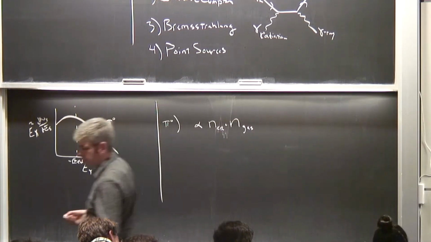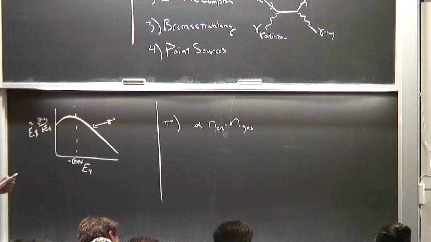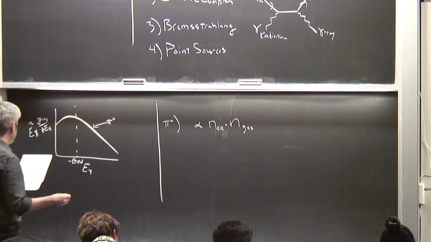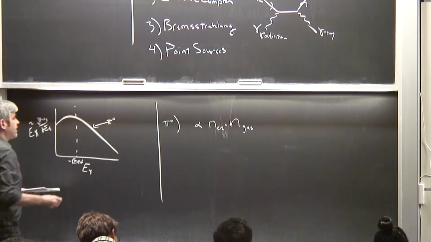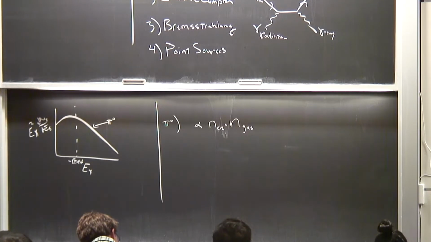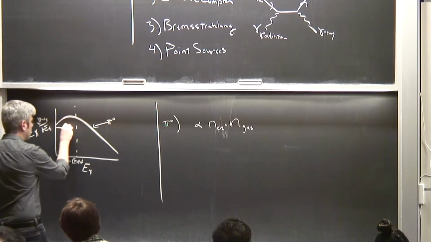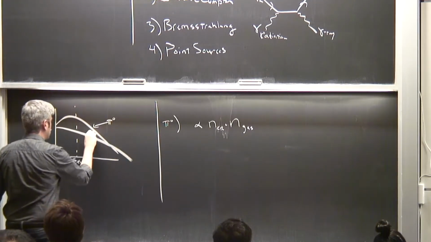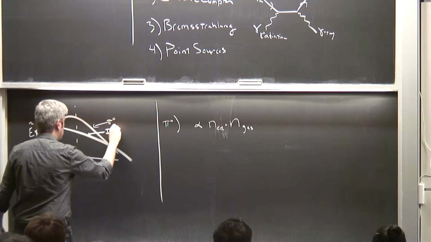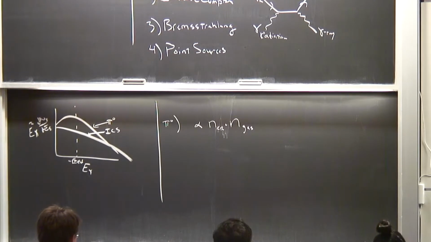All right, so the second background on this list is the ICS component, the inverse Compton. Again, the spectrum depends a lot on the spectrum of cosmic rays that are present, and to a lesser extent, the spectrum of radiation. But there's not a distinctive bump feature here.